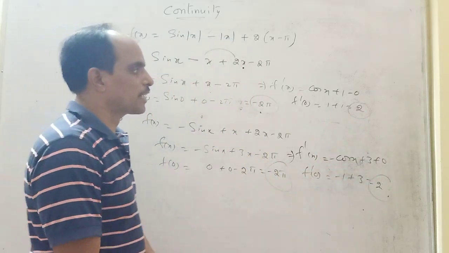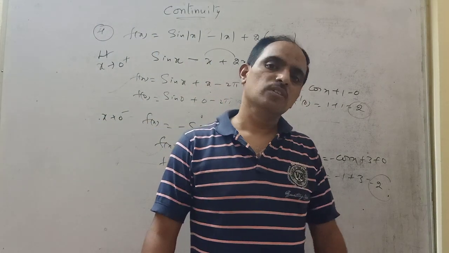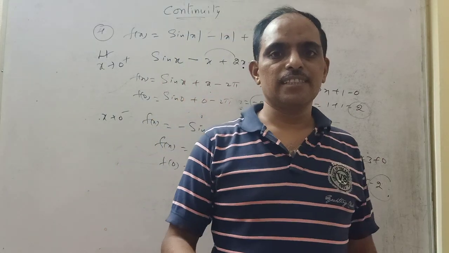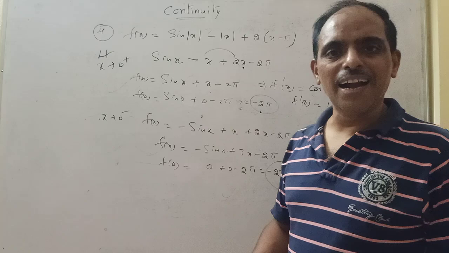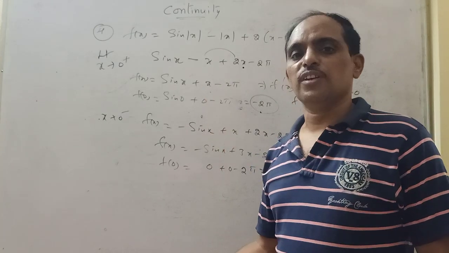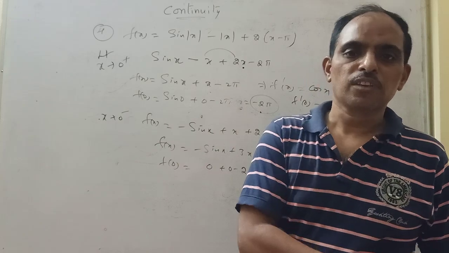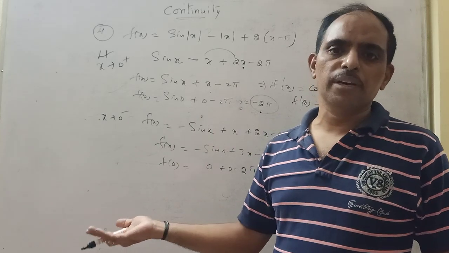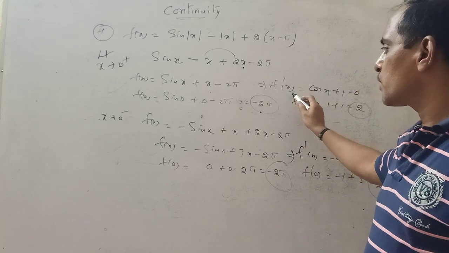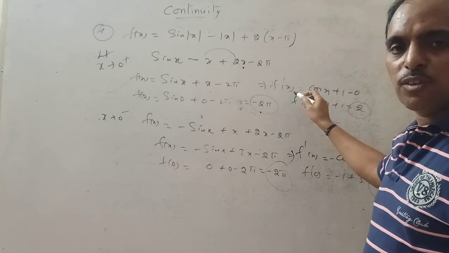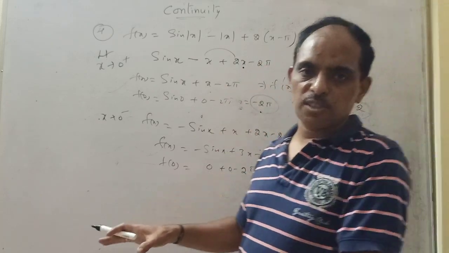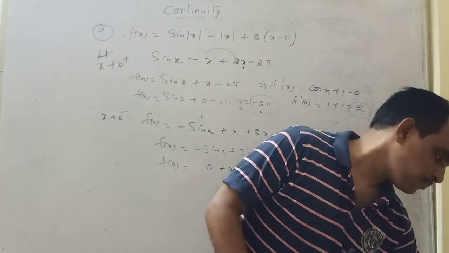So we are getting the same value for f dash of 0 also, which indicates that this function is differentiable. Of course it is continuous and also differentiable. First you have to say continuous. If it is continuous, it may or may not be differentiable, but here it is differentiable also, because after differentiating and substituting the value of x, we are getting the same value. So this function is continuous and differentiable at x is equal to 0.